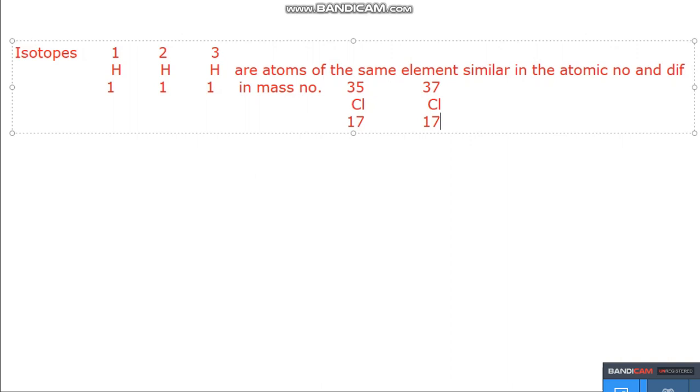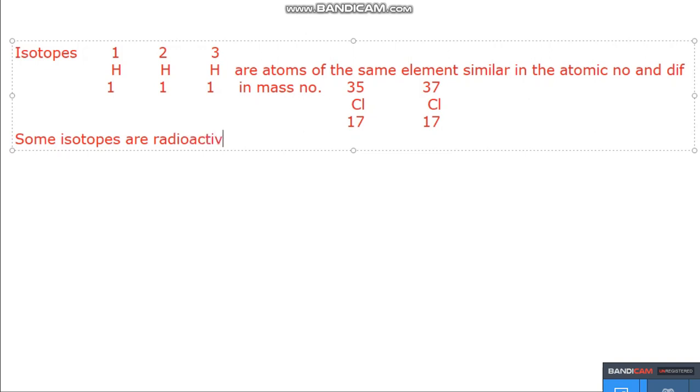We say that some isotopes are radioactive. What does it mean by radioactive?